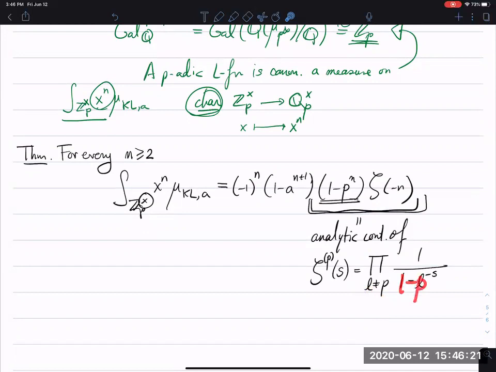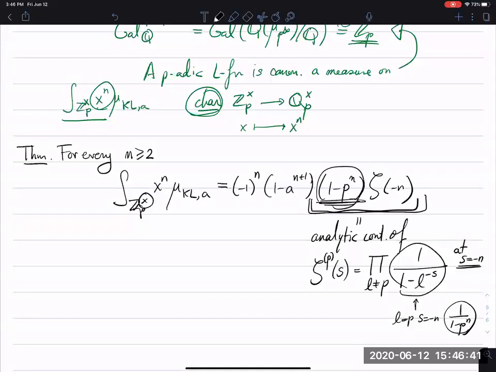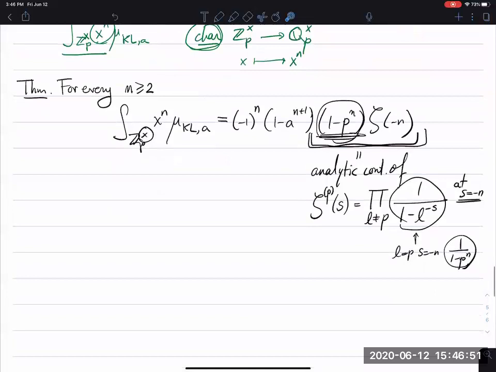But when you evaluate at s equals negative n, this term, if l equals p and s equals negative n, is precisely 1 over p to the n. Once you multiply that with the p to the n here, that has the effect of removing the corresponding factor. So multiplying by this means that the factor at p is removed.